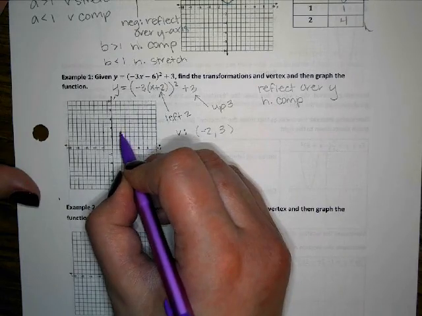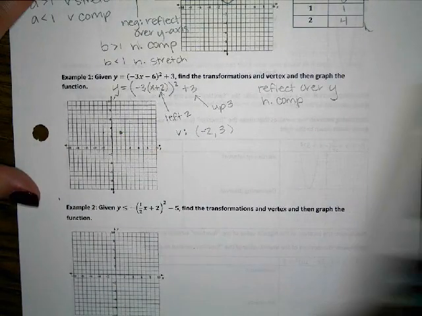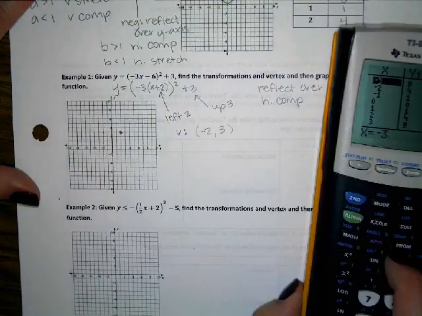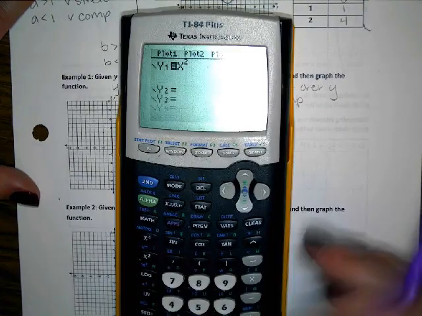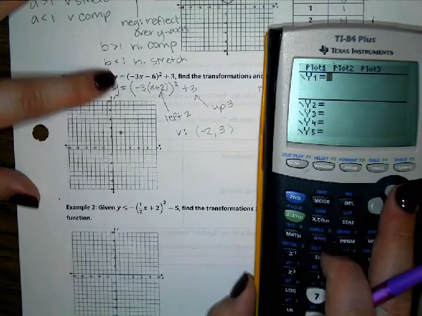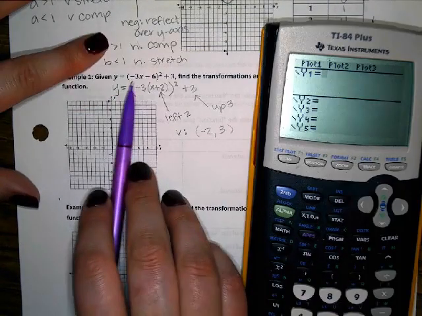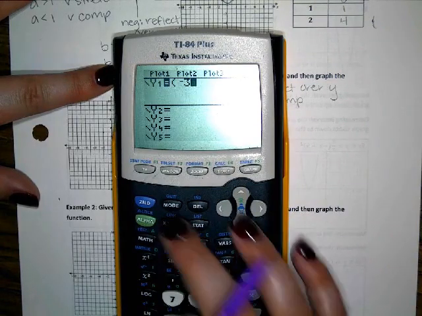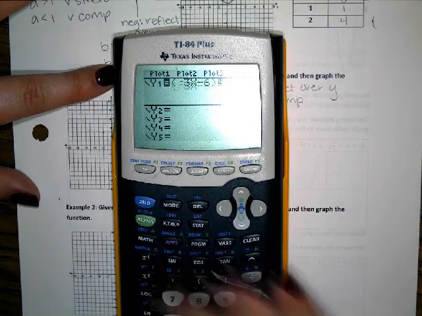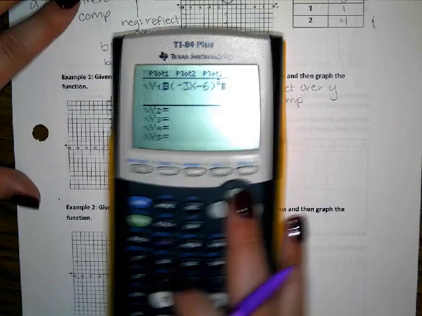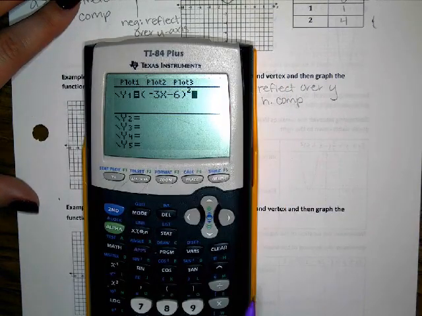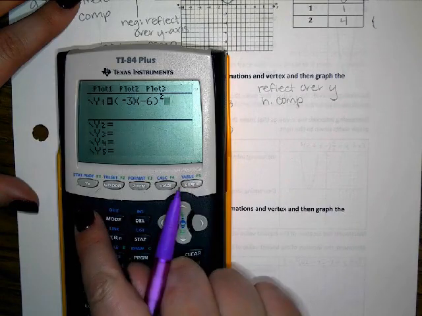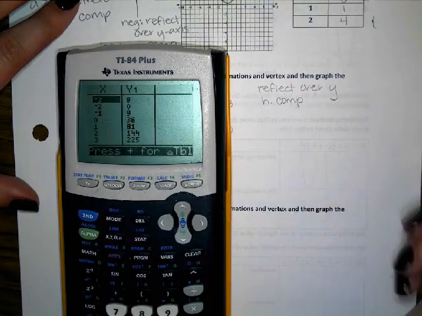Okay, so what we're going to do is we're going to graph this on the calculator, and we're going to look for that vertex. What I would do is probably type in the original function first off, because it's easier, and second off, we just want to make sure we didn't make any mistakes here. So negative 3x minus 6. And then to be able to look at the values on the table, I'm going to hit second graph to look at the table values.